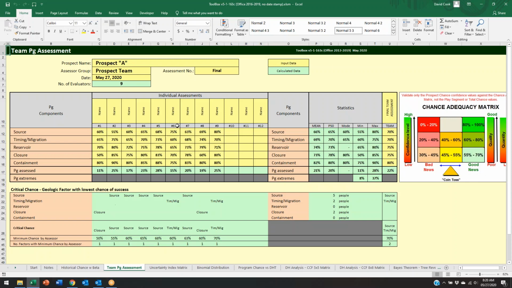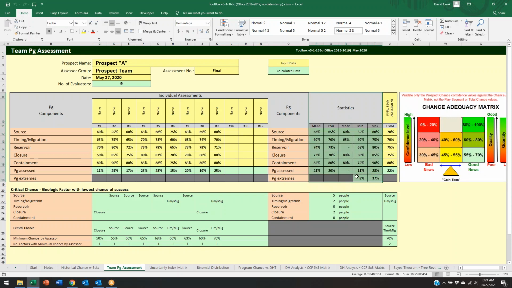Here you can go in and capture that information and very easily are presented with, here in this particular example, I've got 9 different folks, each of which have input their interpretation as to what is the chance associated with the source, the migration, the reservoir, etc. And in the green cell, the product would represent their overall chance of success.